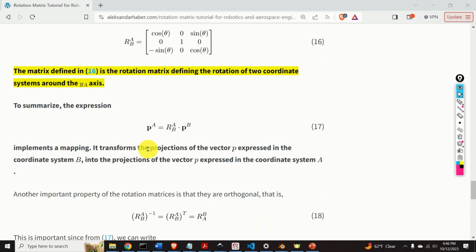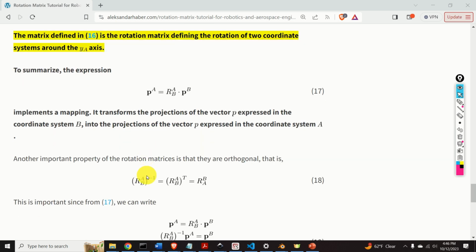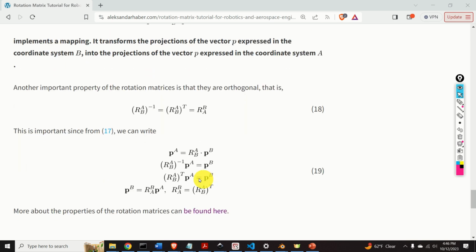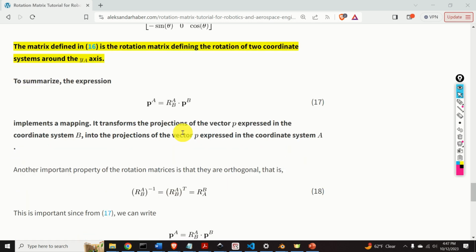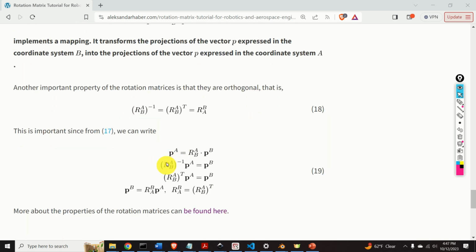Another important property of the rotation matrices is that they are orthogonal. This means the following. If I take the inverse of this matrix, the inverse will be equal simply to the matrix transposed. And you see what happened over here. I can actually switch the superscript and subscript. Why is that? Let us analyze again this equation, and let us multiply this equation by the inverse of this matrix.